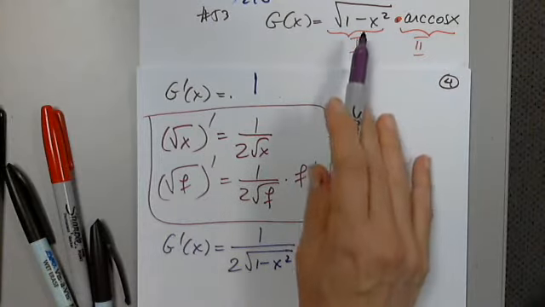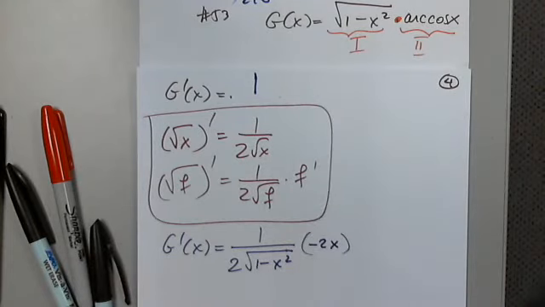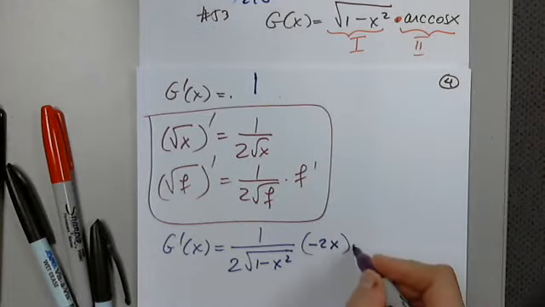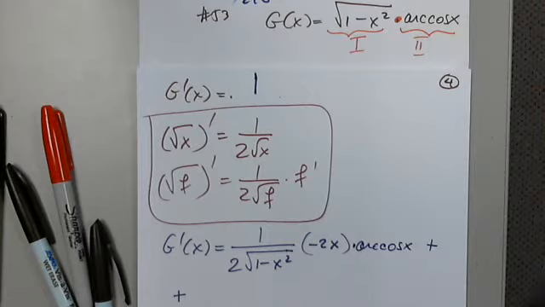So the derivative of this function inside is negative 2x. Is that okay? Yes? Times the second function, arc cosine x, plus. I write plus because this is a sum of two. This is the product rule that changes into a sum.